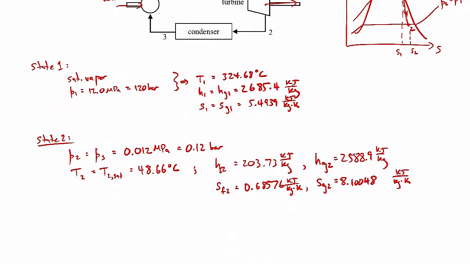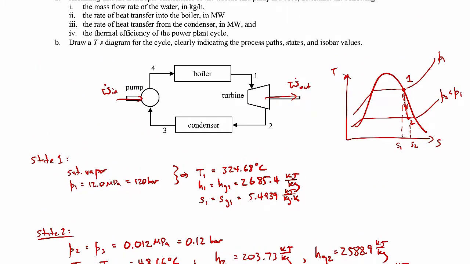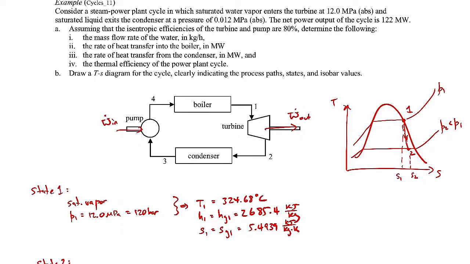So I know that I'm going to be dealing with the saturated liquid vapor mixture, but I still don't know exactly where I am for state 2. So what I'm going to do is I'm given the isentropic efficiency of the turbine, and from that information I can figure out state 2s. Mark it right there.